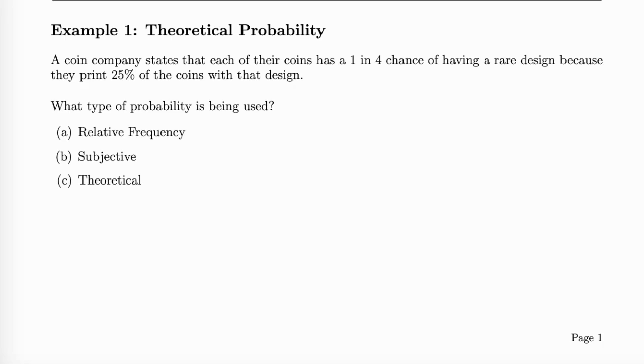Now, since they're giving a fixed ratio or a percent chance based on how many coins are printed with this design, this is considered theoretical probability.